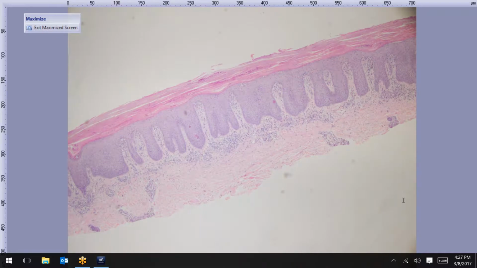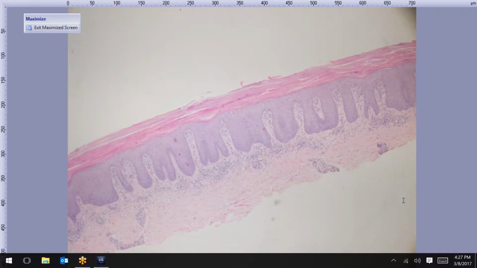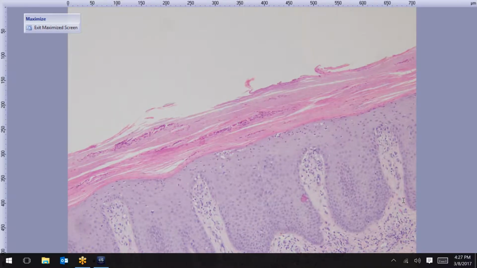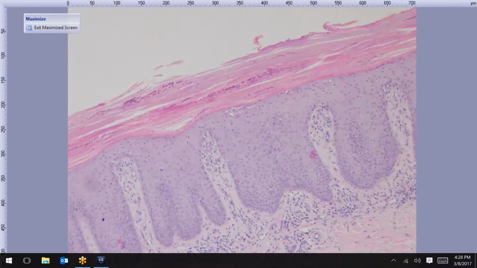I like to sometimes take these conditions and turn them into other conditions. So if I were to take psoriasis and, just as an educational exercise, turn it into pityriasis rubra pilaris, I would take the neutrophils away, because pityriasis rubra pilaris doesn't typically have neutrophils, and rather than uniform parakeratosis, I'd alternate the hyperkeratosis and parakeratosis.